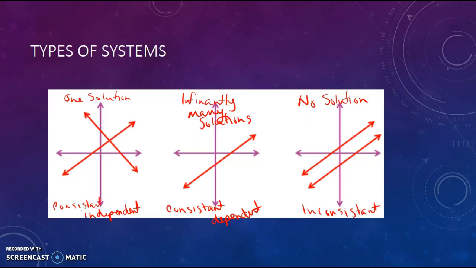So one solution is what we had already worked with, where we cross, that's examples 1, 2, and 3. They were a consistent independent. Infinitely many solutions is where we graphed the exact same line, so we have same slope, same y-intercept, and an inconsistent has parallel lines because there is no solution to that system.